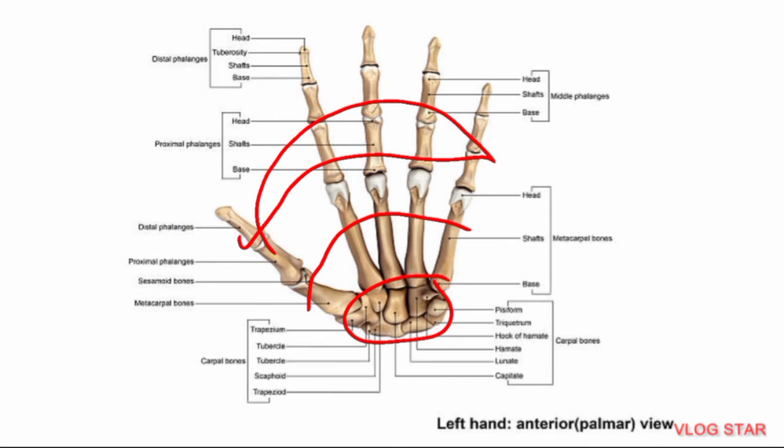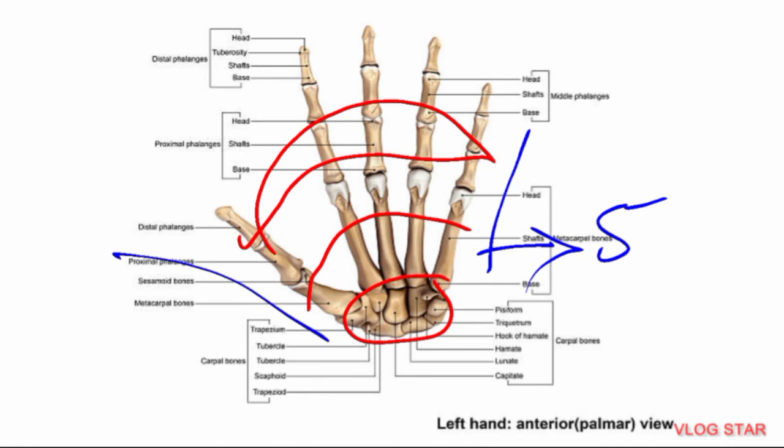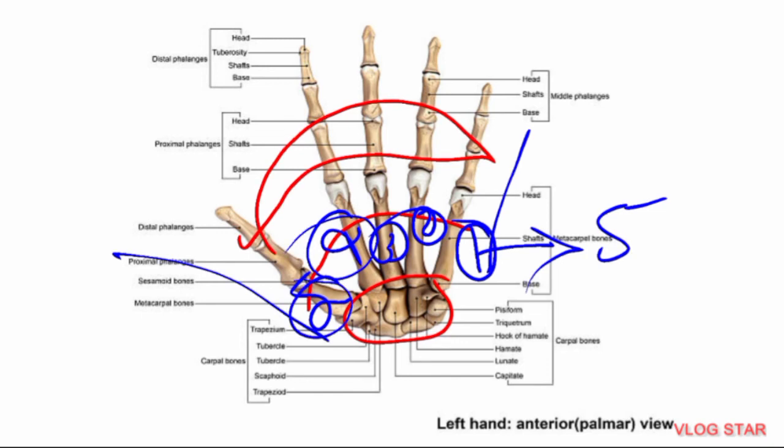So this is the lateral side, this is the medial side. If we number from the lateral side, this is the first, second, third, fourth and fifth metacarpal.